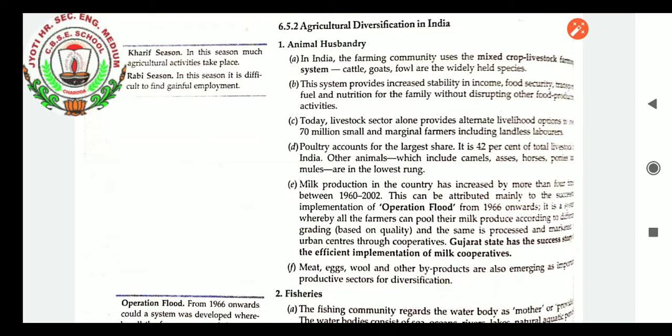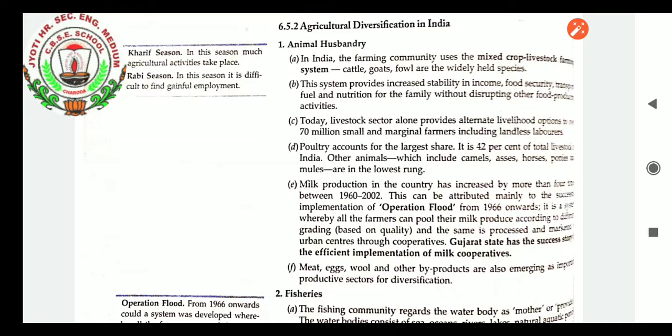This system provides increased stability in income, food security, transport, fuel and nutrition for the family without disrupting other food production activities. Today, the livestock sector alone provides alternate livelihood options to 70 million small and marginal farmers, including landless laborers. Poultry accounts for the largest share, 42% of total livestock.